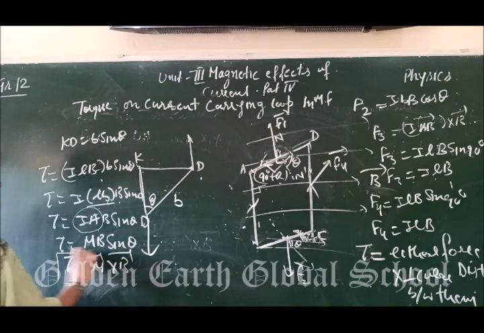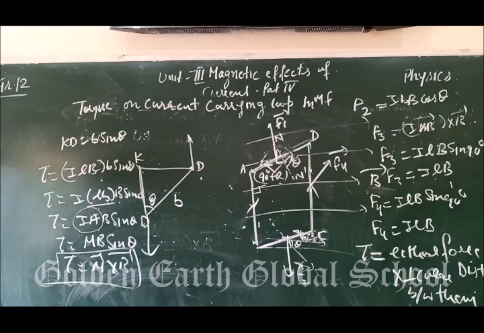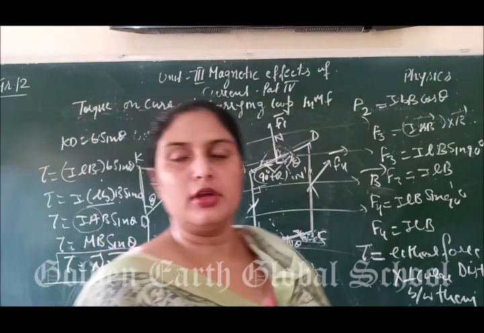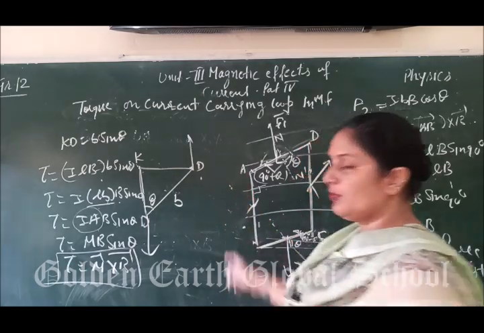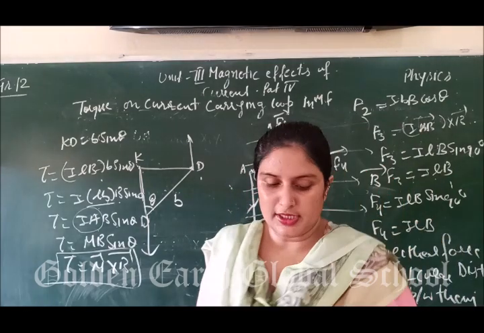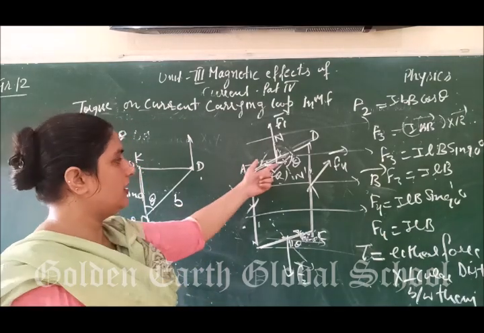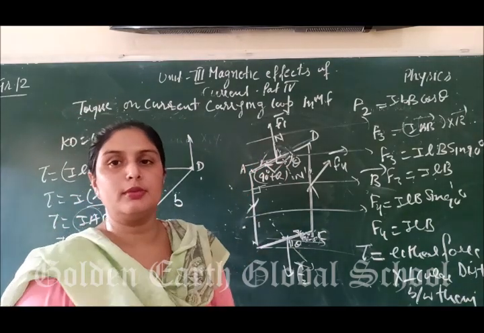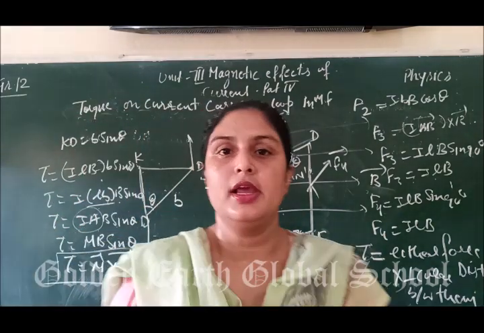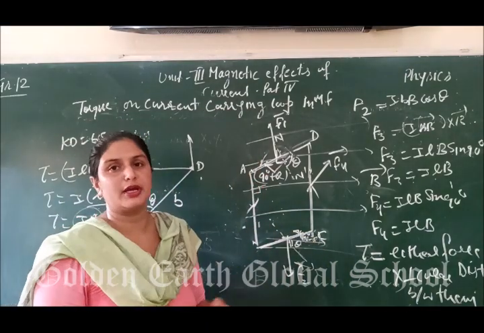This is the expression for torque experienced by the rectangular loop, that is current carrying loop placed inside the magnetic field. Now here I have mentioned the angle between the normal to the plane of coil and the direction of the magnetic field.